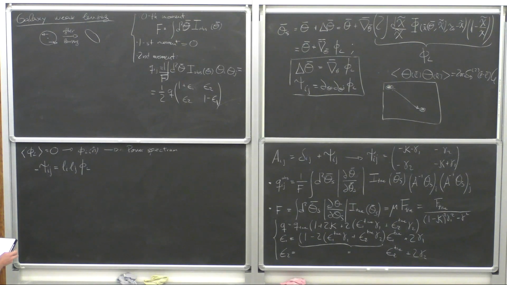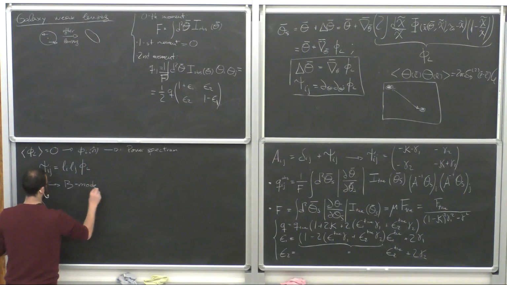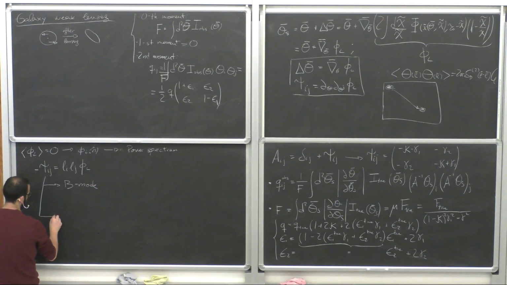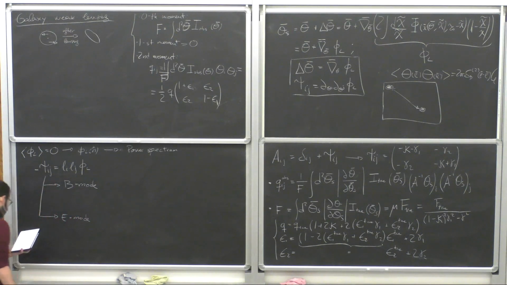Okay, and we are going to decompose this in a V mode and an E mode, which in the case of the CMB, of the weak lensing, we can deal with as with the light polarization.